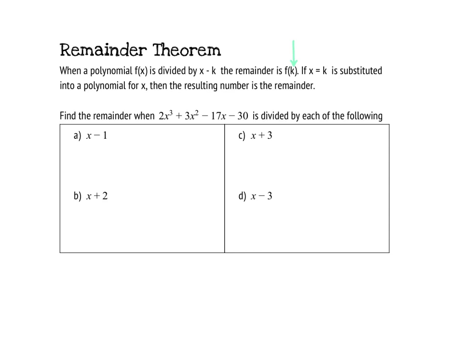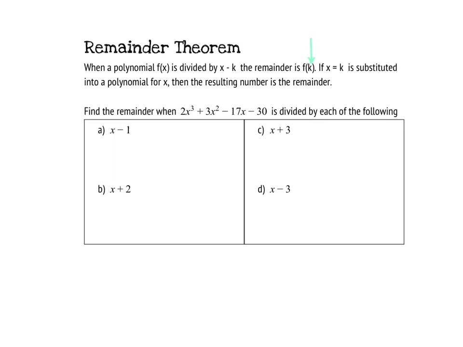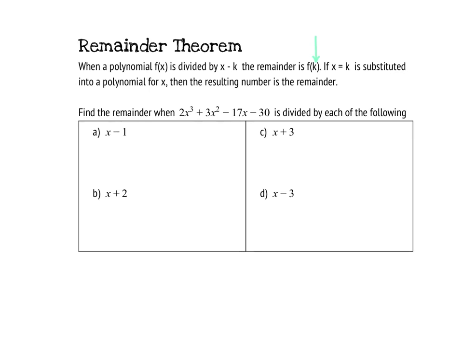So a few examples of that would be, let's say this is my polynomial: 2x cubed plus 3x squared minus 17x minus 30. All right, so when I'm looking at A, I have x minus 1. So with x minus 1, we should be able to identify that my k value for this particular problem is x equals positive 1.